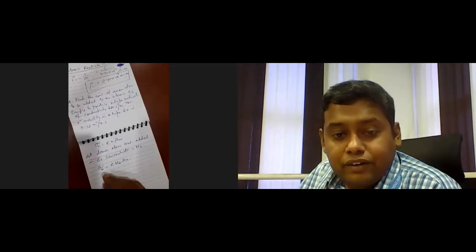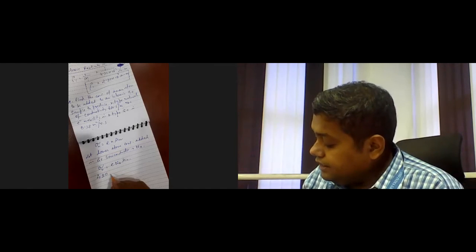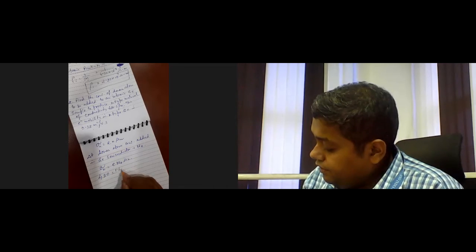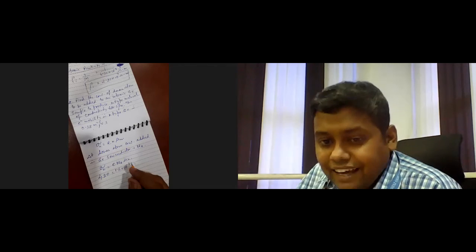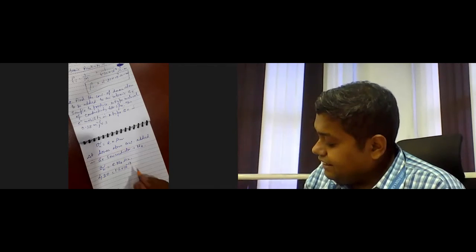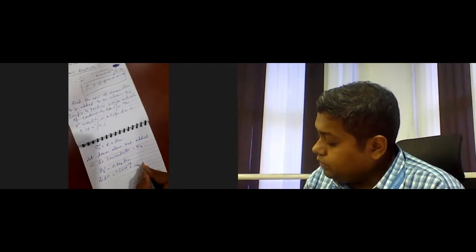What is the value of sigma n? 480, right? Is equal to, what is the electronic charge? 1.6 into 10 to the power minus 19, right? Into Nd into mu n.